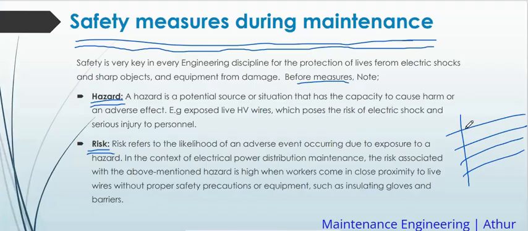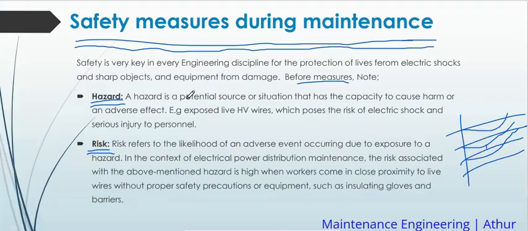They have a recommended sag. Now, when a sag increases, there is that likelihood that a phase may come into contact with another, and this is called a risk. Because when they come into contact, then we shall have a short circuit.